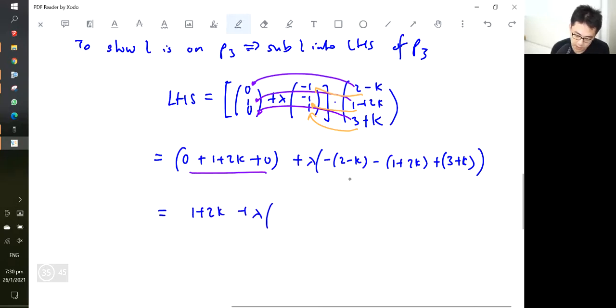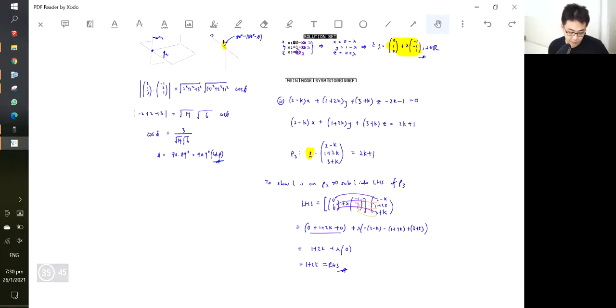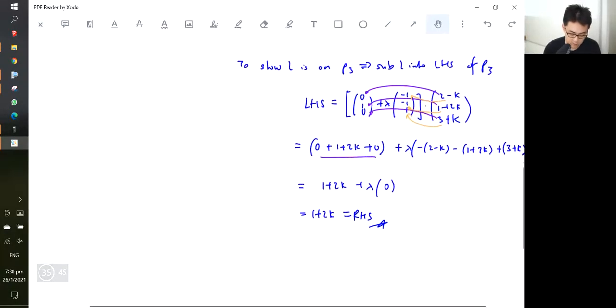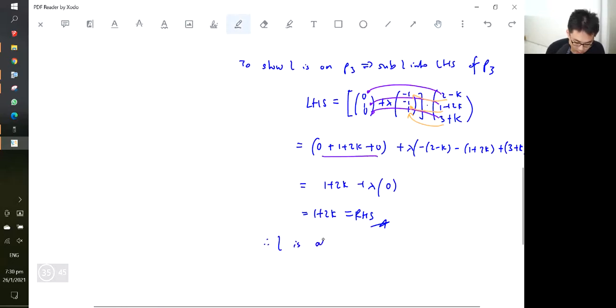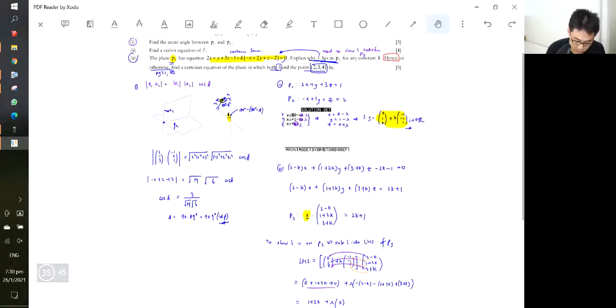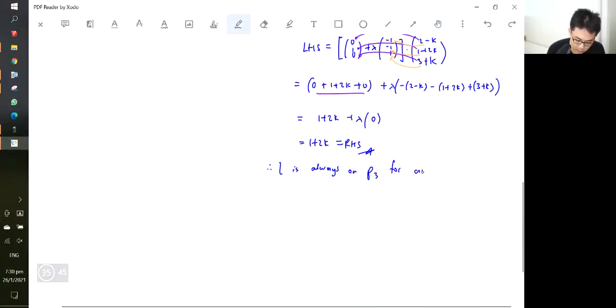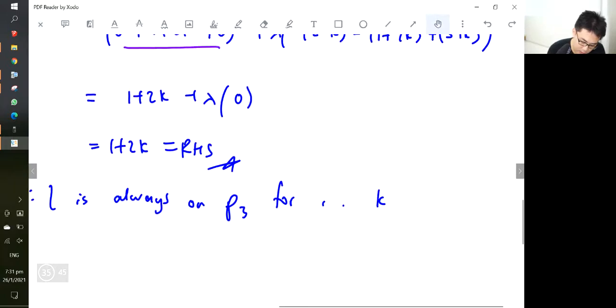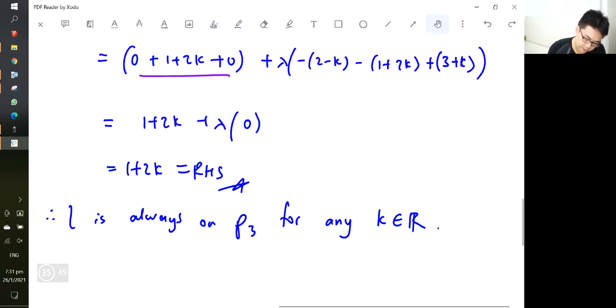The one on the right will be 1 plus 2k as well. So it always satisfies the plane equation. Always. So you can just write, hence line L lies on P3.